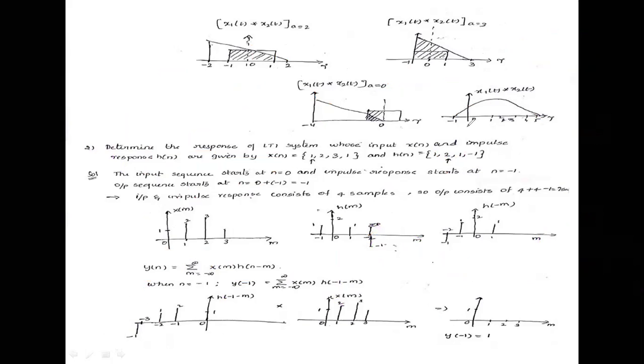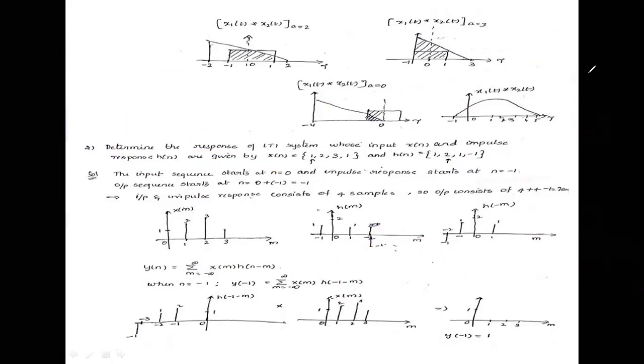See the overlapping and find the values. Minus 1 is 0 and 5 is also 0. And at 0, 1, 2, 3 and 4, slowly it increases and again slowly it decreases.